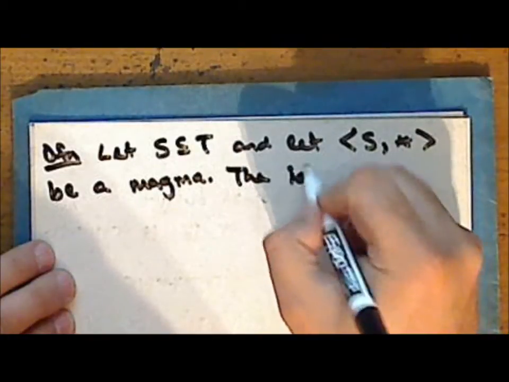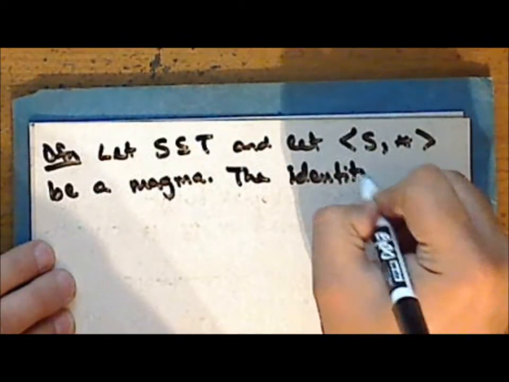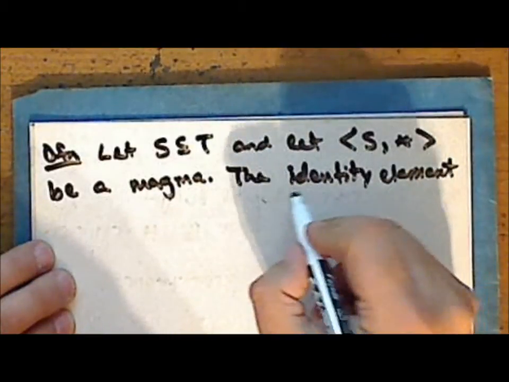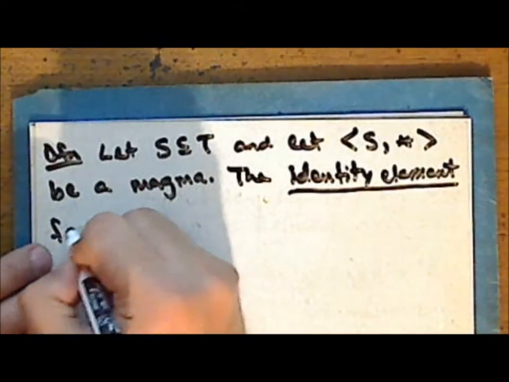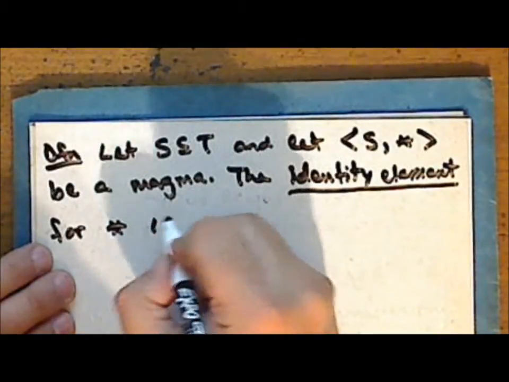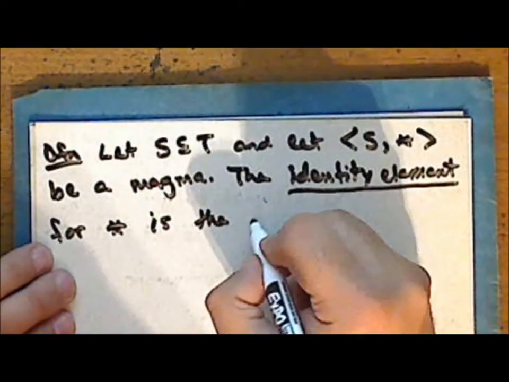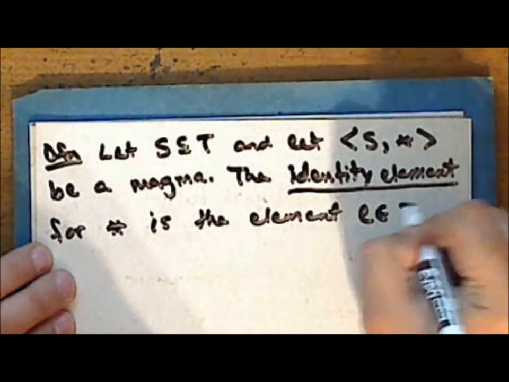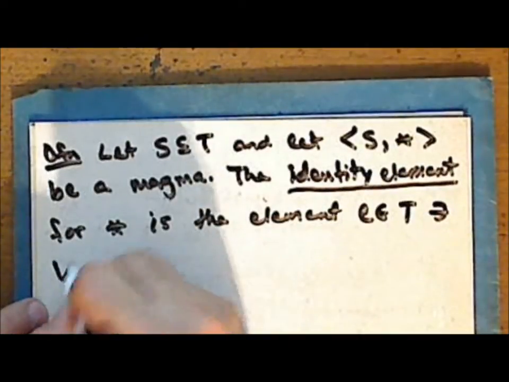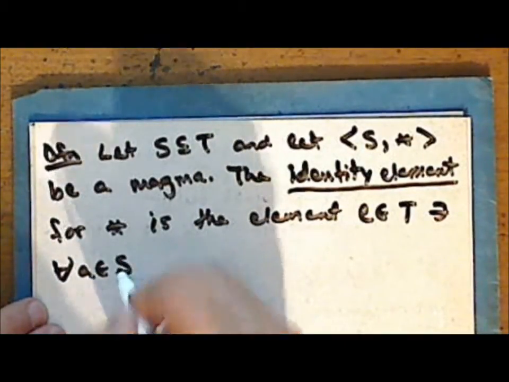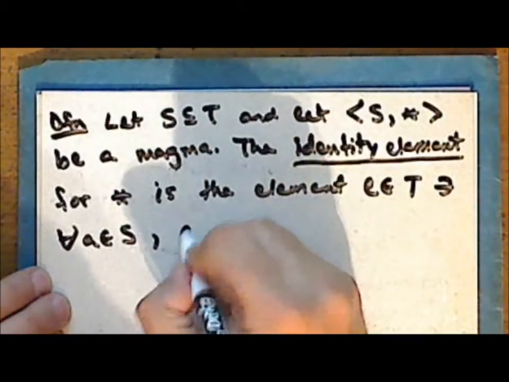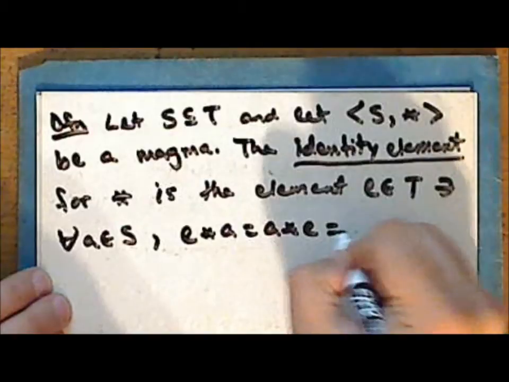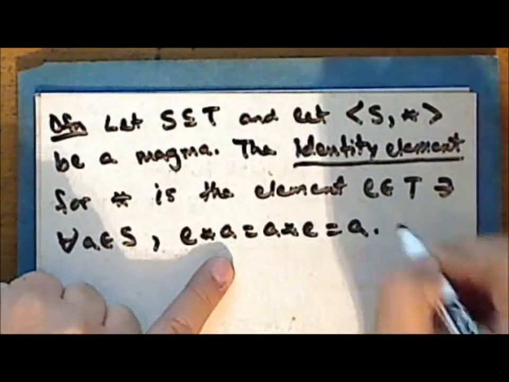The identity element for the operation star is the element which we denote with the symbol E in the set T, such that for every element A in the set S, E star A is the same as A star E, which gives the element A.